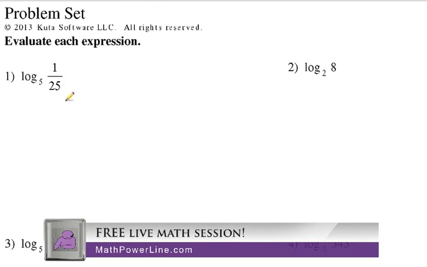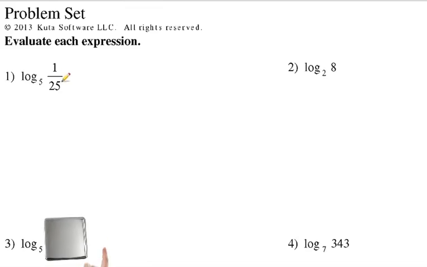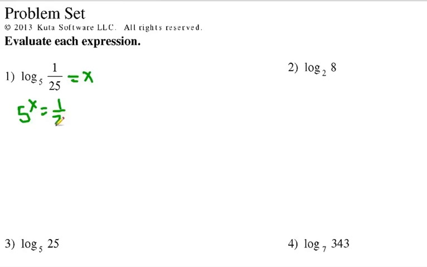Alright, number 1, log base 5 of 1 over 25. Now let's go ahead and make that equal to x, and let's do it with the exponential form. That means that 5 to the what power equals 1 over 25. Now let's think of this in terms of 5. Let's say it's 1 over 5 squared, which is 5 to the negative 2 power.